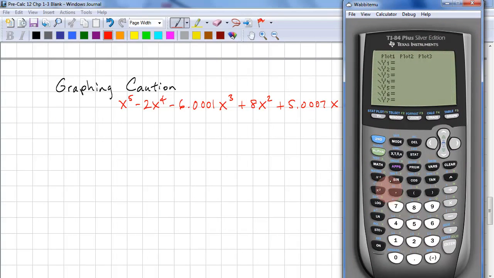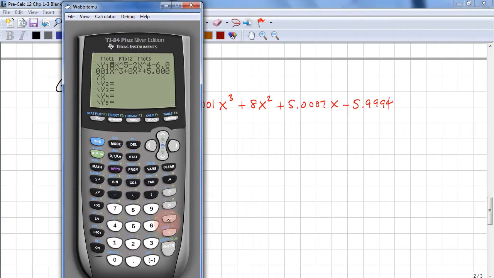We have x raised to the power of 5 minus 2x raised to the power of 4 minus 6.0001x raised to the power of 3 plus 8x squared plus 5.0007x minus 5.9994.